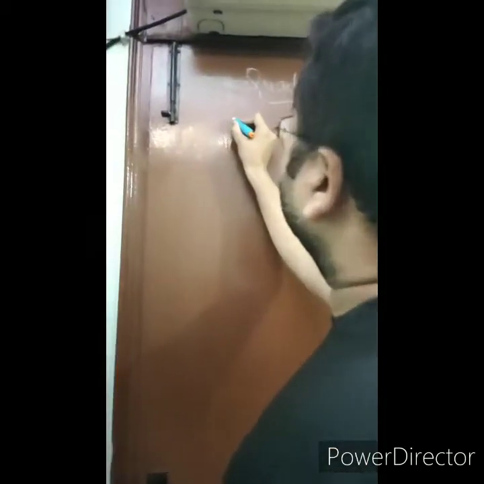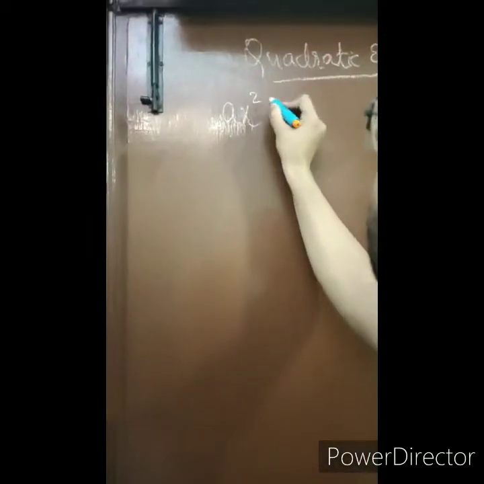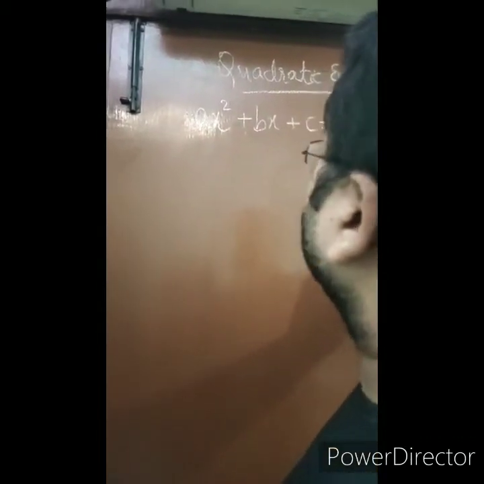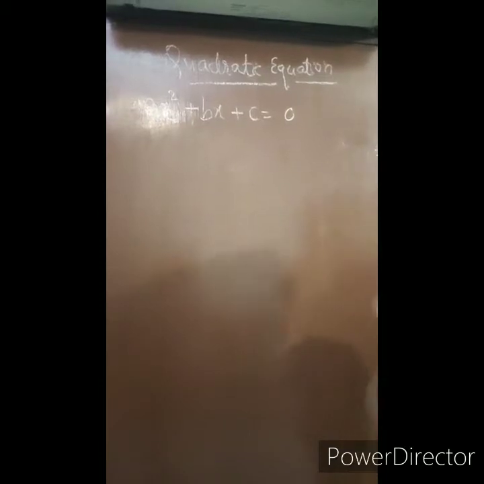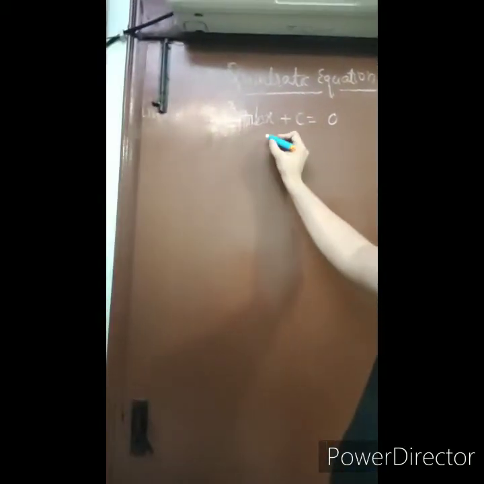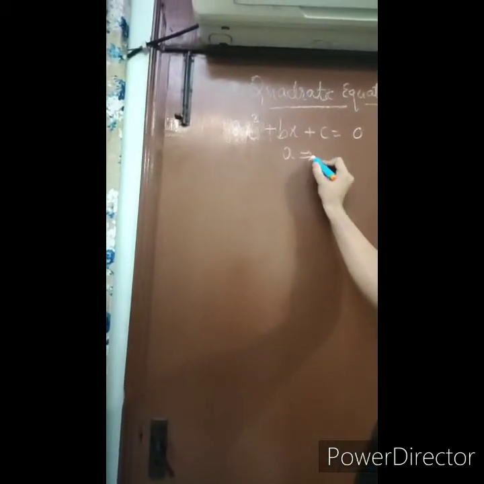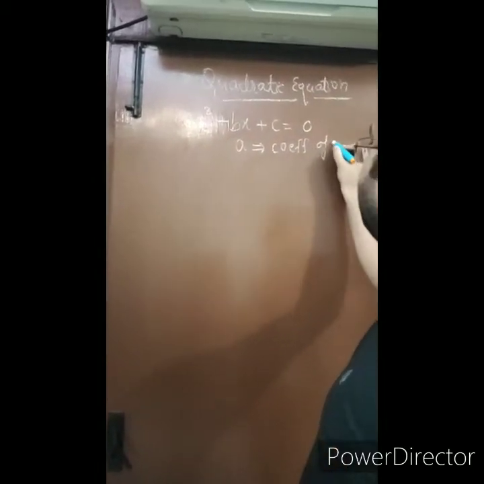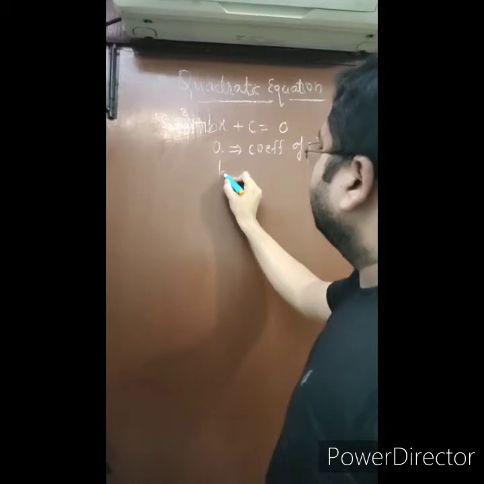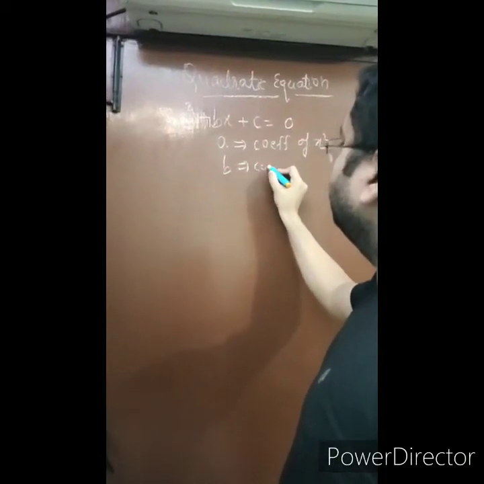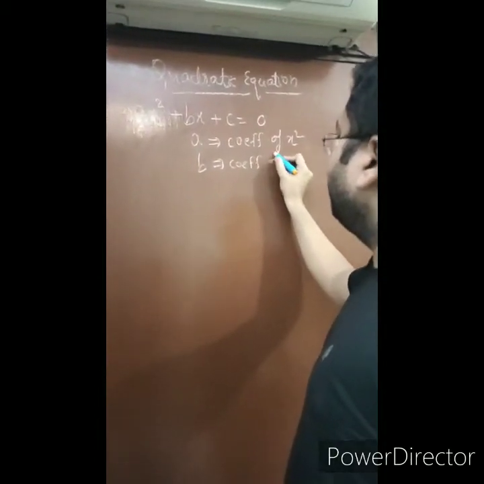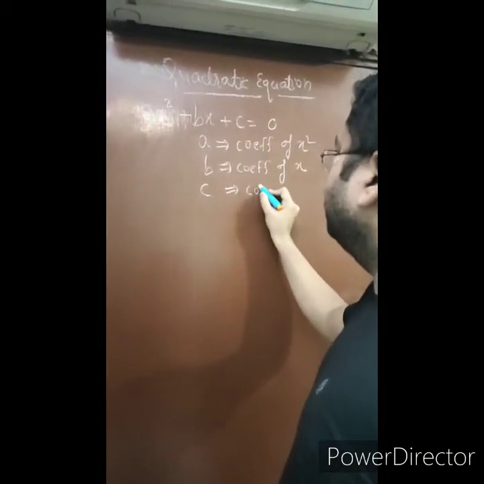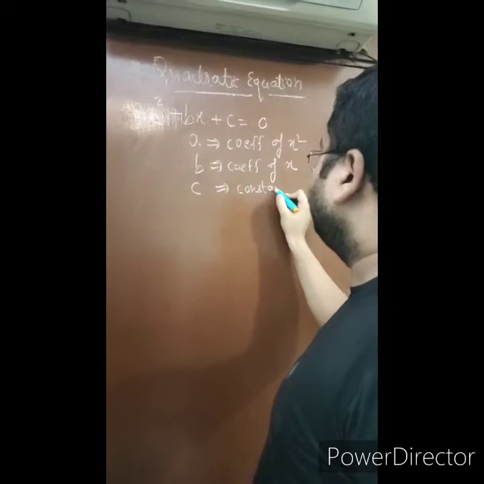Here we saw ax square plus bx plus c equals to 0. It is the general form of quadratic equation in which a is known as the coefficient of x square, b is called the coefficient of x, and c is any constant term.